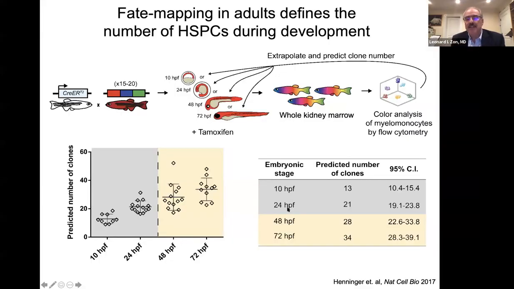And what he found is that if he labels the cells at 24 hours with the inducible Cre, he could find 21 clones of stem cells are the ones that are being born. And the number increases as time goes on as you head towards that fetal liver equivalent stage. So this shows that the barcoding method of making cells different colors actually works very well.